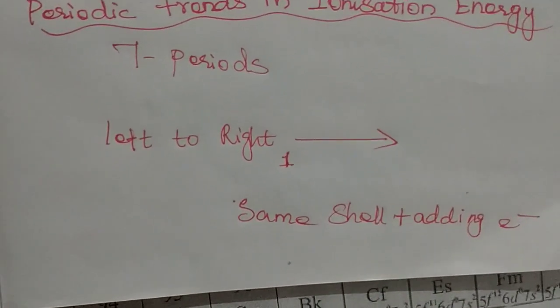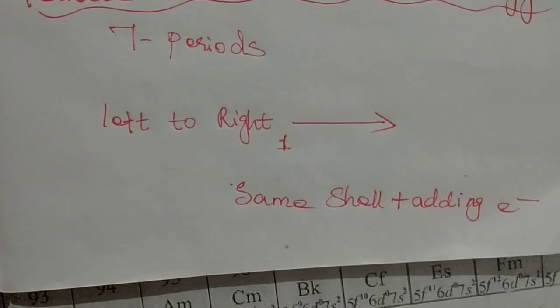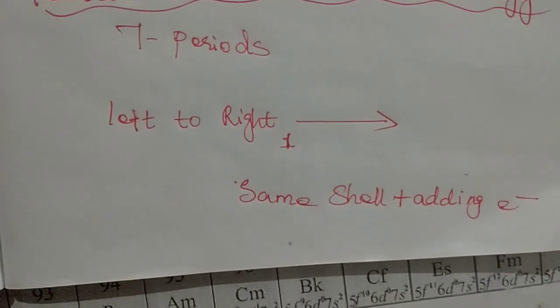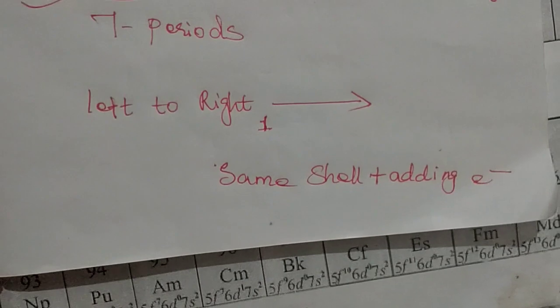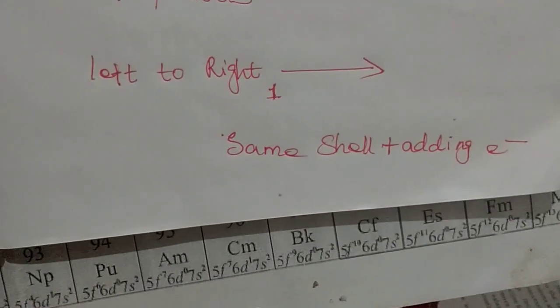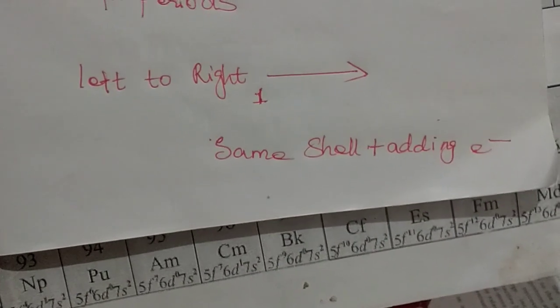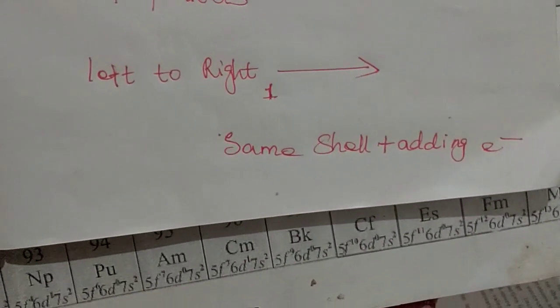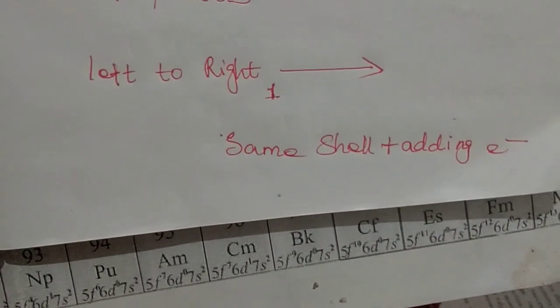So the number of electrons present is the same as the number of protons in the atom. The successive increase of nuclear charge increases the electrostatic attractive force on the valence electrons.